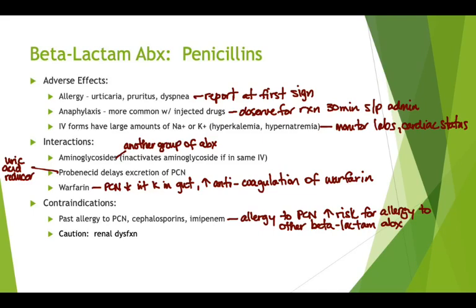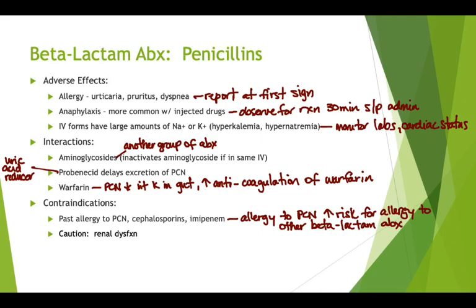IV forms do have a large amount of sodium or potassium. They can cause hyperkalemia, hypernatremia. So when you're giving these antibiotics, you want to be able to monitor those lab works. You want to monitor their cardiac status, okay, because of the effects of potassium. What are we looking for with cardiac status?